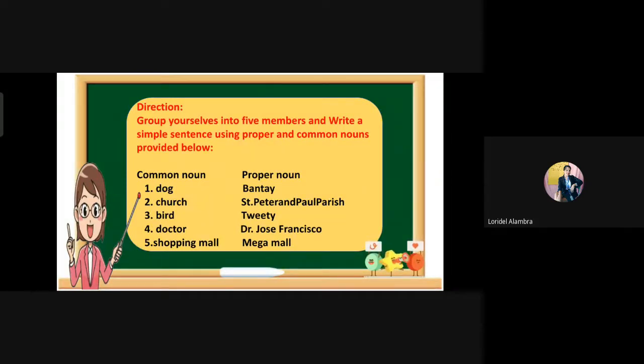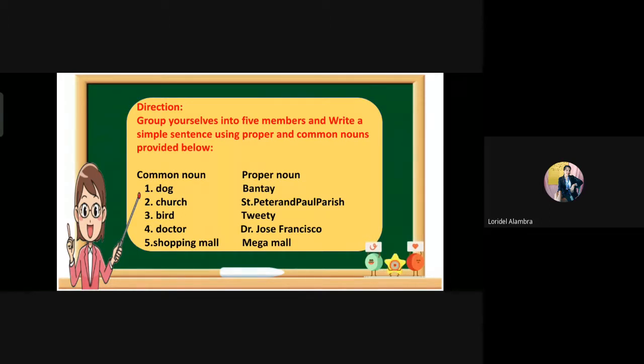Common nouns are names of any persons, things, animals, and places. They do not start with a capital letter unless used at the beginning of a sentence. A proper noun names a specific person, thing, animal, or place instead of a general one. It is the exact and special name for any noun. It always begins with a capital letter.